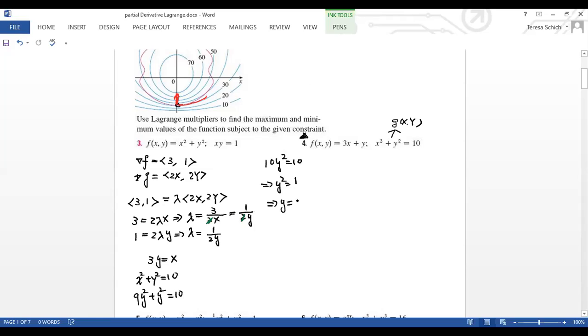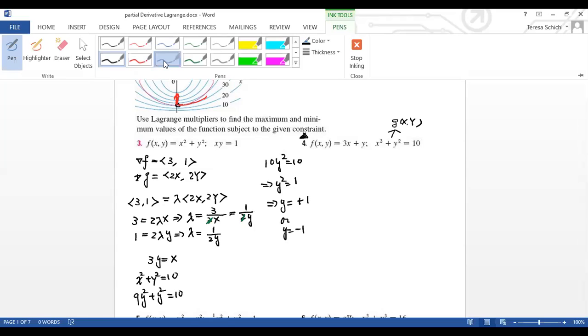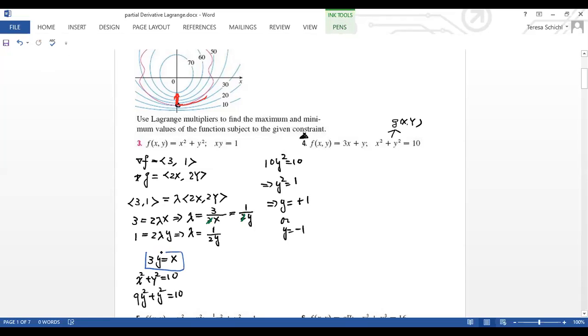Then y can be positive 1 or negative 1. Since 3y equals x, when y equals positive 1, x equals 3, and when y equals negative 1, what is x?